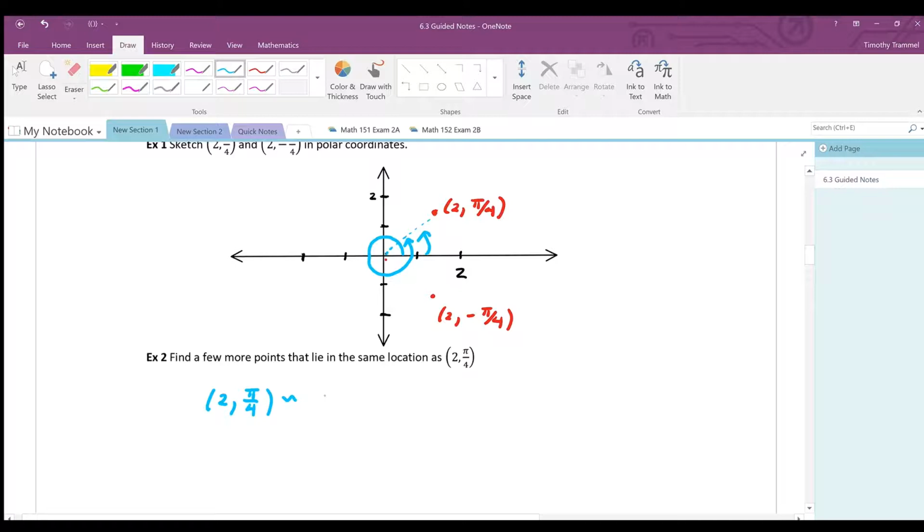Well, it's equivalent to 2 comma, and again, that extra revolution just meant we'd have to add a 2 pi to it, right? So that's plus 8 pi over 4. So we get 9 pi over 4. Maybe I'll actually write it here. 9 pi over 4.